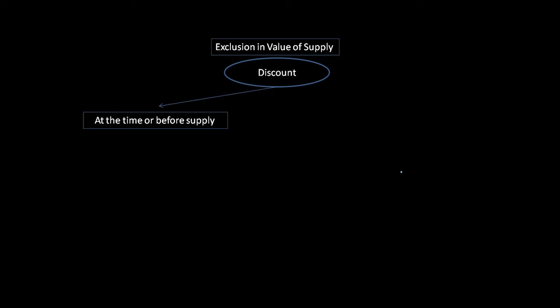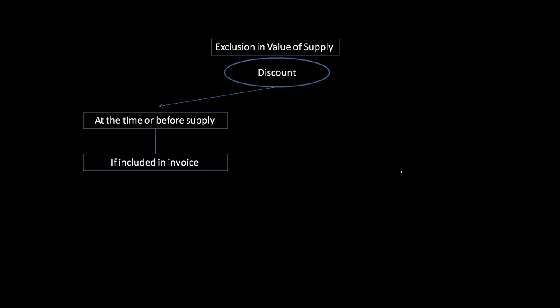That is a discount that is declared at the time of supply. So in these two situations we need to also see if that discount has been included in the invoice. And if this is satisfied then we will exclude that amount from the value of supply.